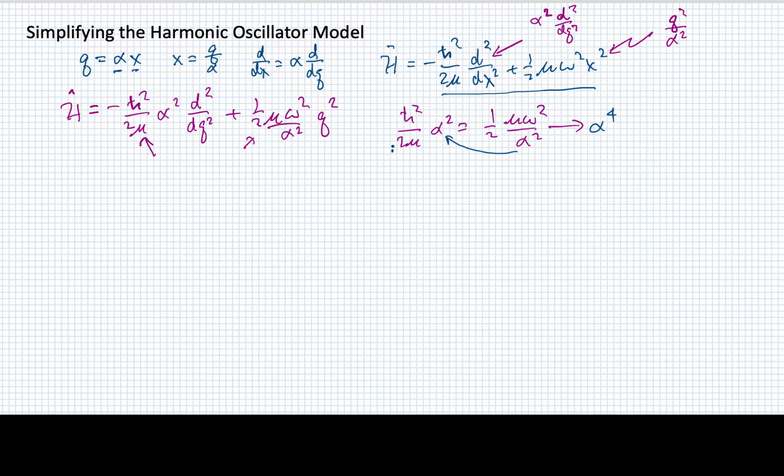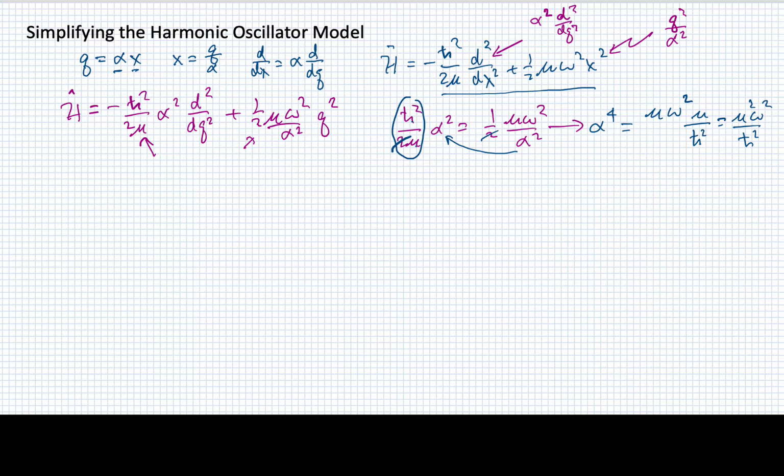And then I'll lose these factors of 1/2. And so if I take this and put it on the other side, I've got to divide by this or multiply by mu over h bar squared. So I'll have mu omega squared multiplying by mu over h bar squared. So I'll end up with mu squared omega squared over h bar squared.